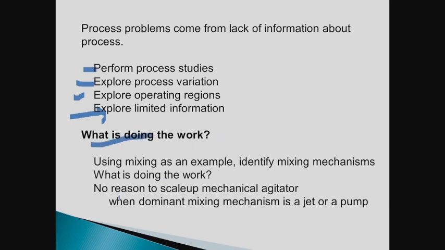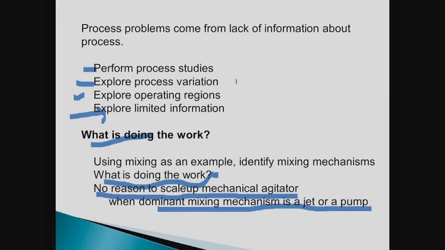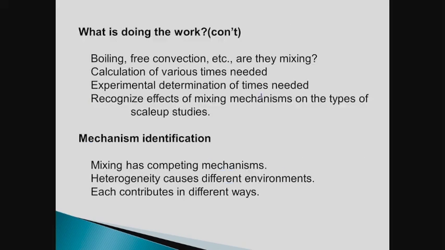What's doing the work? What is doing the work? There's no reason to scale up on a mechanical agitator if the dominant mixing mechanism is a jet or a pump. Boiling, free convection mixing, calculation of the various times needed.